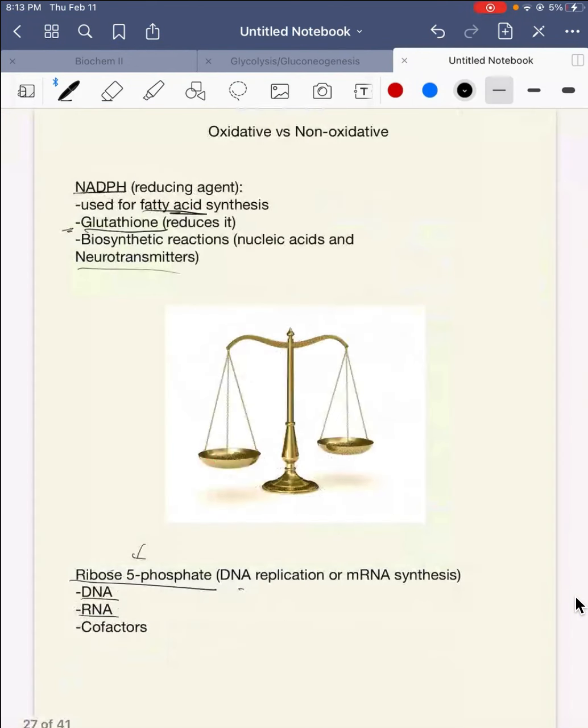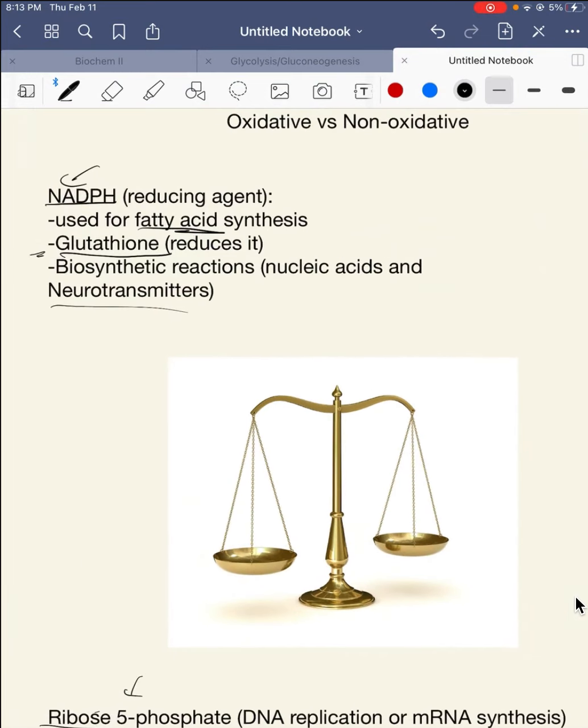Okay, so let's talk about why you would run the oxidative phase versus the non-oxidative phase. Whenever you run the oxidative phase, it's because you want to make NADPH. This is a reducing agent. When you go over fatty acid synthesis, you will see that NADPH is very important for it.